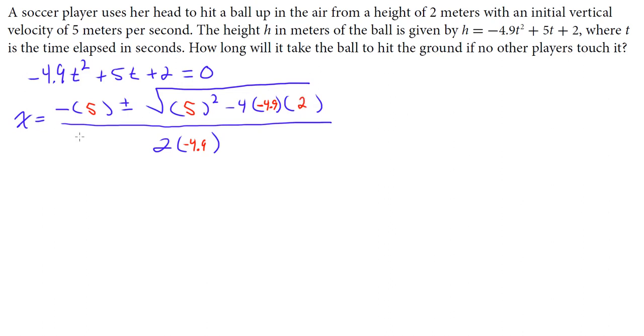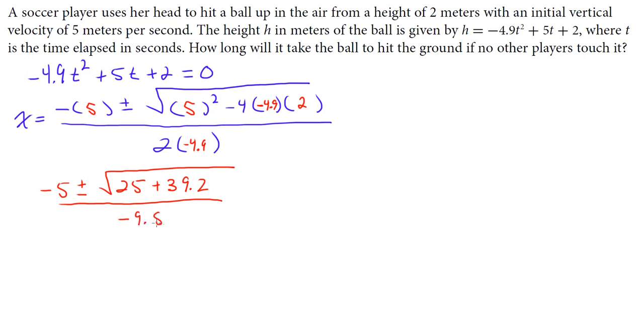So I'm going to work this out. So we have negative 5 plus or minus, here's our radical, 5 squared is 25, and negative 4 times negative 4.9 times 2 is positive 39.2. And we already know what 2 times negative 4.9 is. That's negative 9.8. And now we can add together 25 and 39.2, and that gives us 64.2.